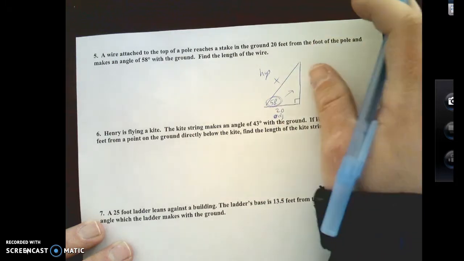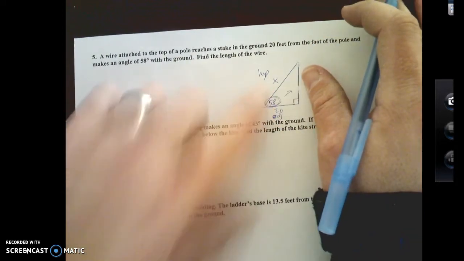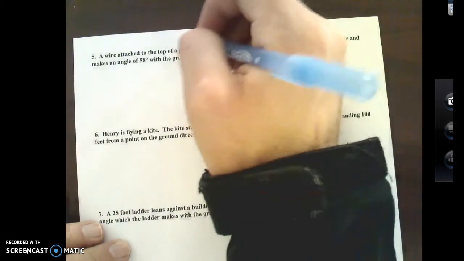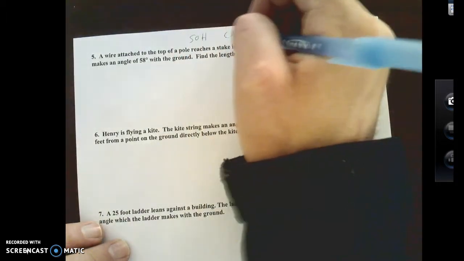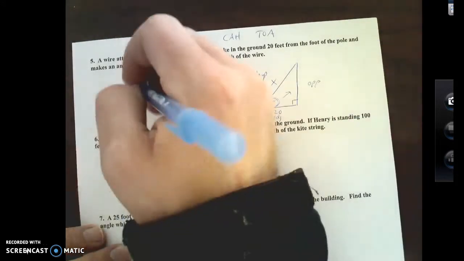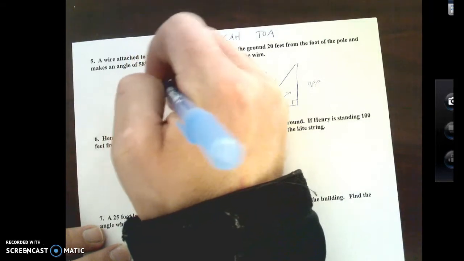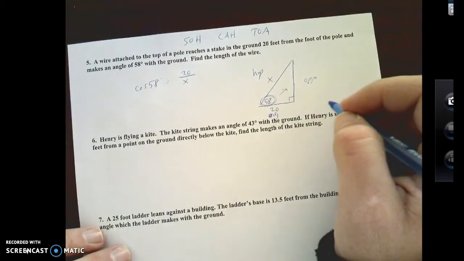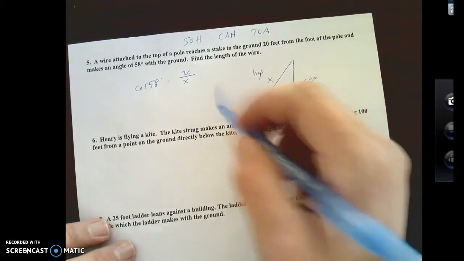So if I cover up this, because I'm given the 20 and I'm given the X, which trig ratio uses A and H? All right, A and H would be cosine. So cosine of 58 degrees equals 20 over X. Okay, again, where is your X at?